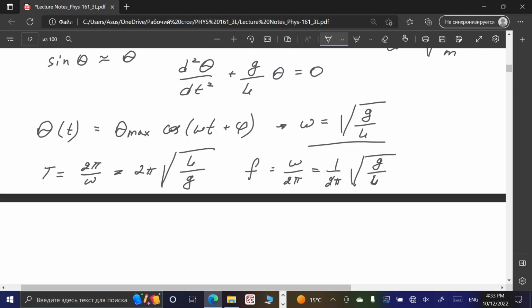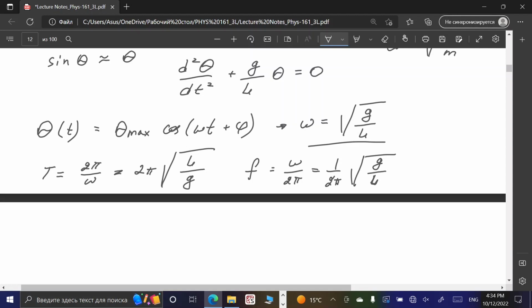So that is a good system to directly measure acceleration of free fall, which is considered to be constant, but first of all, we know that it changes with height, so at different heights it will be different. Plus, depending on the Earth's core structure and composition, it may vary from one location to another. So that's another factor to be considered. So a mathematical pendulum can be a simple and reliable device to do these measurements.